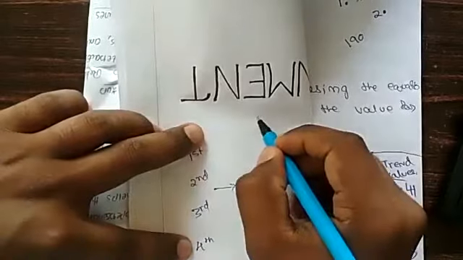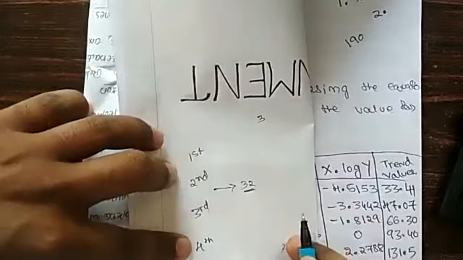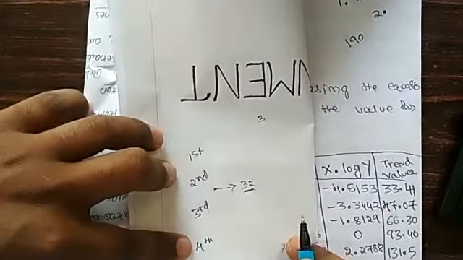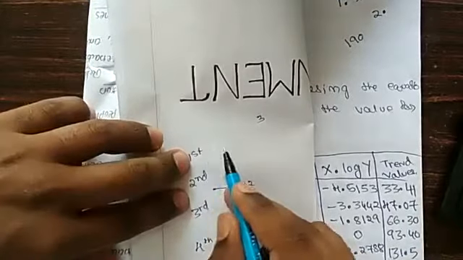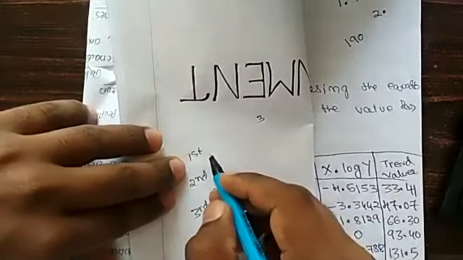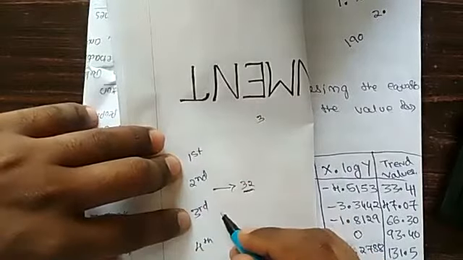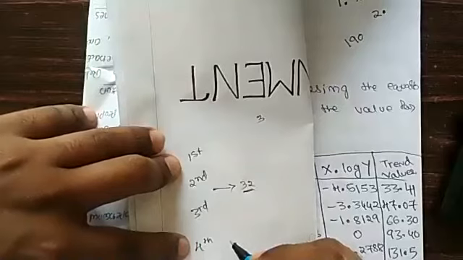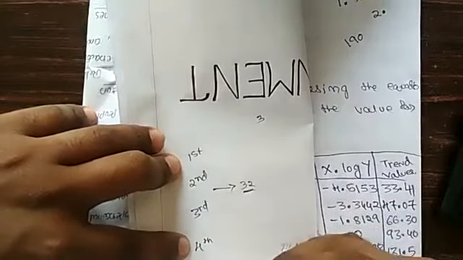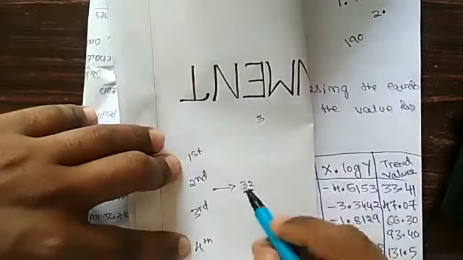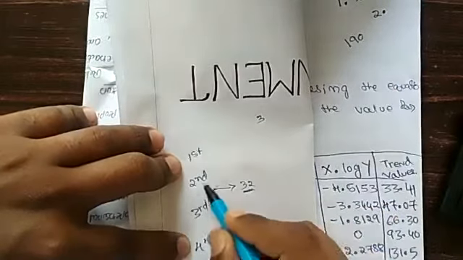So the quarterly increment is 3. That means if in the first quarter the value is 10, then second quarter 13, then third quarter 16, then fourth quarter 19, like that. The change in the values is 3. Here 32 is in between second and third.